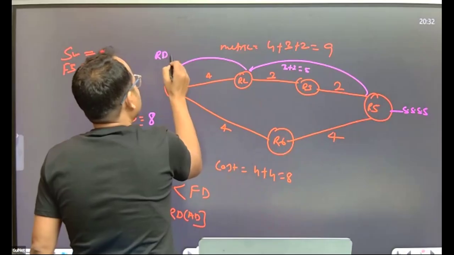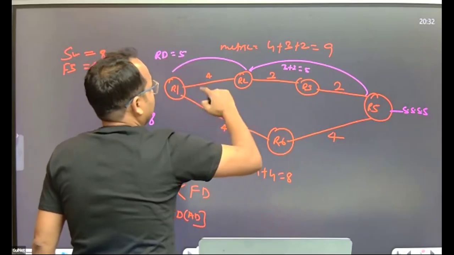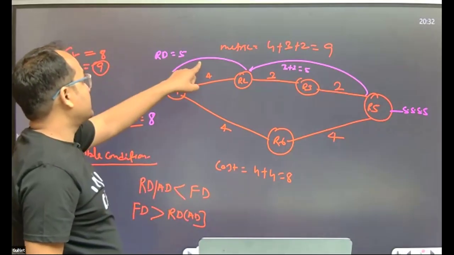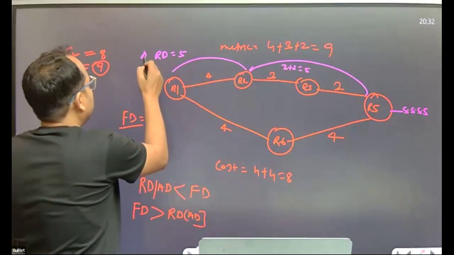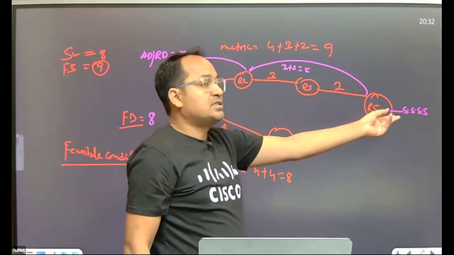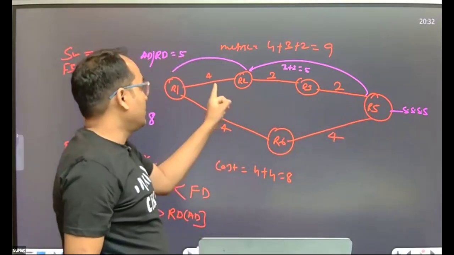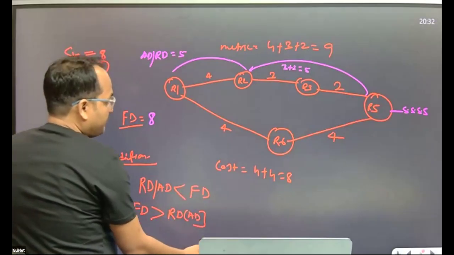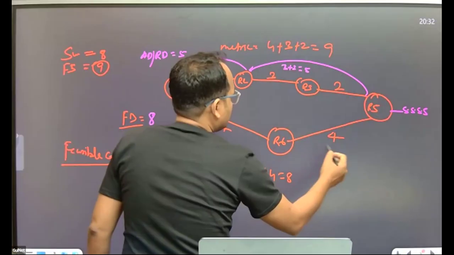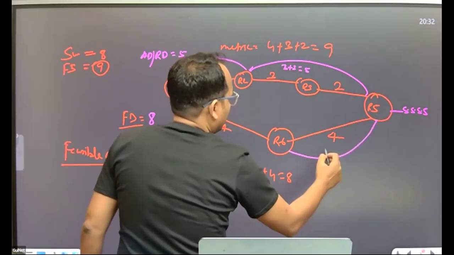So it will report this. This is the reported distance, 5. If I go via this one, it is going to take the reported distance, also known as the AD. Your neighbor is going to inform you how much metric it takes to reach these destinations. Similarly, this neighbor is going to inform me that if I want to reach there, I have only 4.